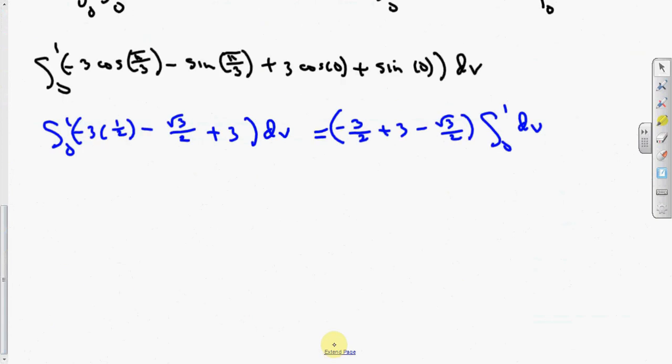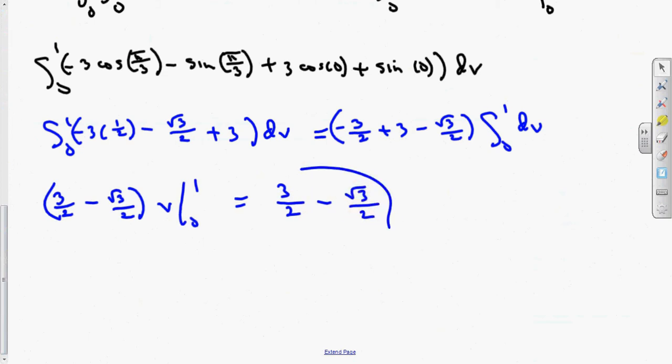So here we get, that's 6 minus 3 over 2, so that's just 3 over 2 minus the square root of 3 over 2 times v evaluated from 0 to 1. So this is just 3 over 2 minus the square root of 3 over 2. Okay?